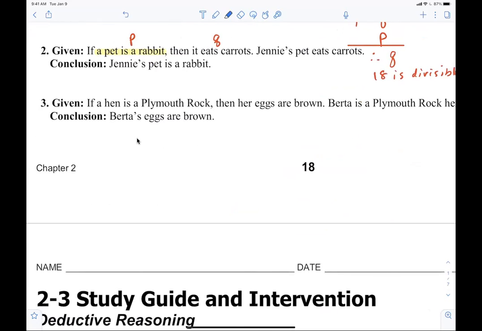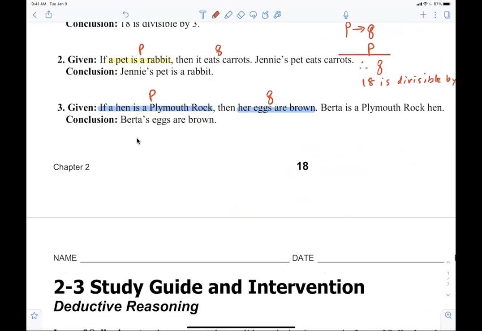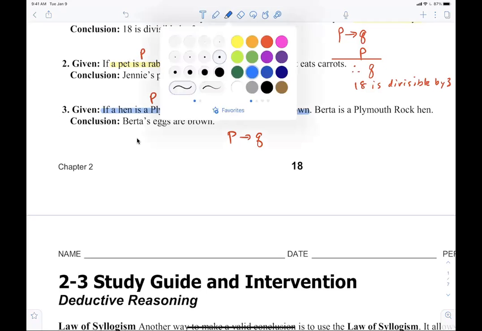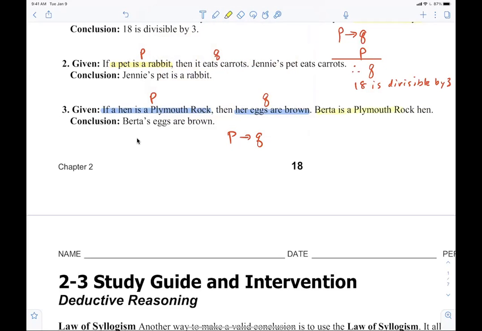All right. So here we go. If a hen is a Plymouth Rock, what is that? P. Then what? Her eggs are brown. Q. So if P, then Q. Berta is a Plymouth Rock hen.